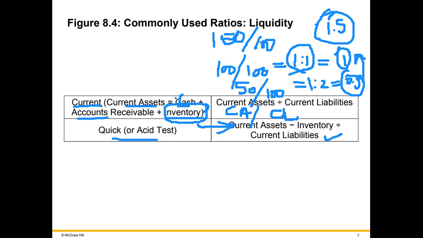This gives us a sharper view, so we are not majorly dependent on inventory. You don't know how much inventory you are able to sell and when the inventory is going to turn into cash. That's why it's crucial. Sometimes we look just at cash or cash equivalents, which are account receivables, and see the ability of the business to offset these liabilities.